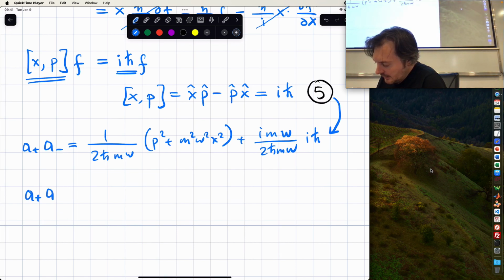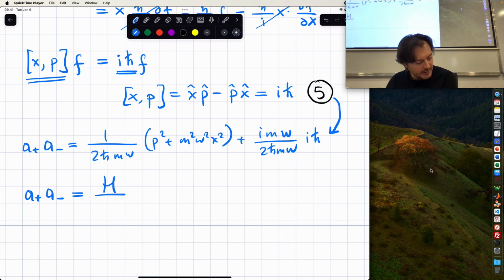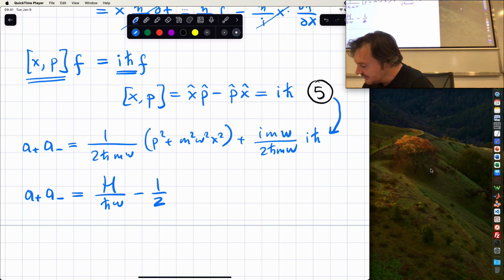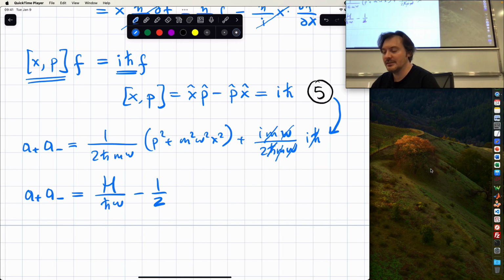I get A plus A minus is Hamiltonian divided by h bar omega minus 1/2. That's very short, right? Do you see? This goes out, this goes out, this goes out, and you just get minus 1/2, right?